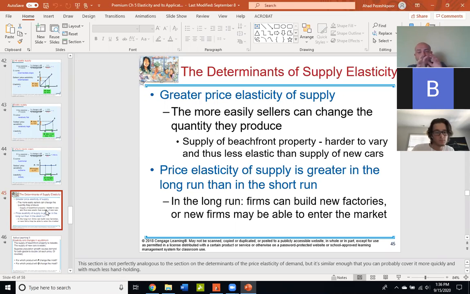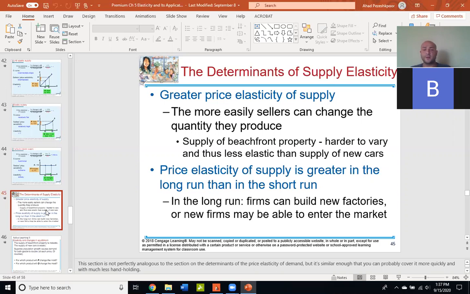You're only limited to a certain type of land. You cannot build beachfront properties anywhere. You need to be on the beach, of course, and there's only limited land available for you to build on because of certain geographical and legal limitations.